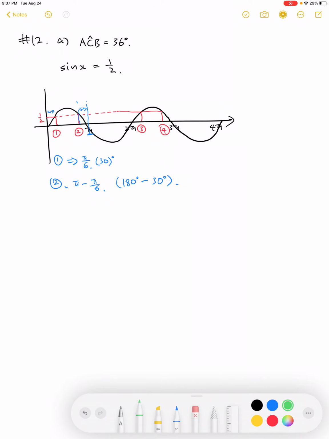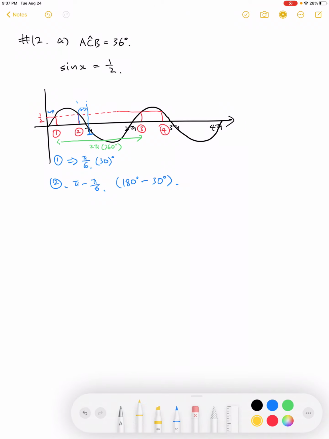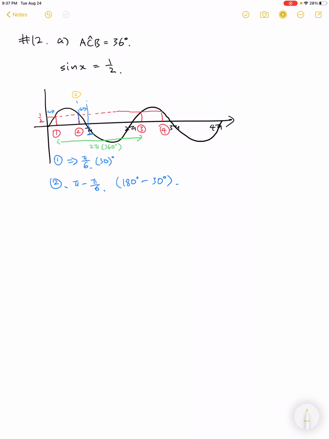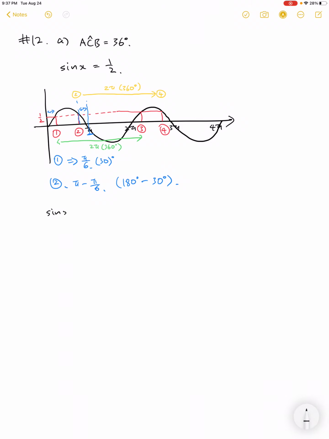From number 1 to number 3, the distance is 2 pi, or 360 degrees. And from number 2 to number 4, the distance is also 2 pi. So a simple rule is: sine x equals 1 over 2, x equals pi over 6, x equals pi minus pi over 6.